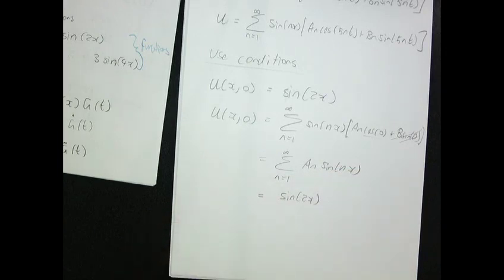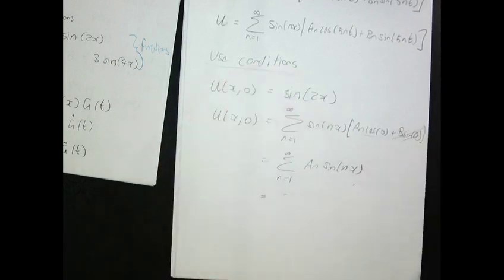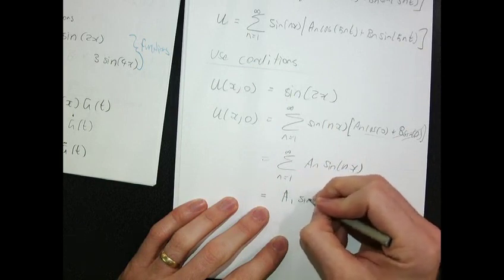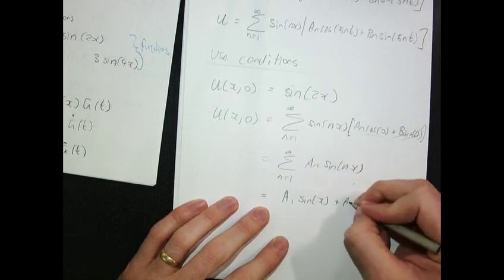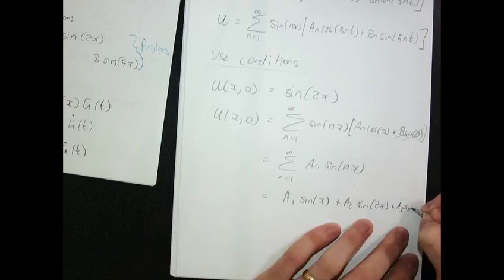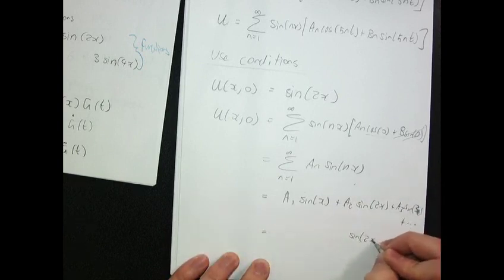So it's supposed to be a combination of sine x, sine 2x, sine 3x, sine 4x, sine 5x. This is A1 sine 1x and A2 sine 2x and A3 sine 3x, etc. And this is actually just equal to sine 2x.